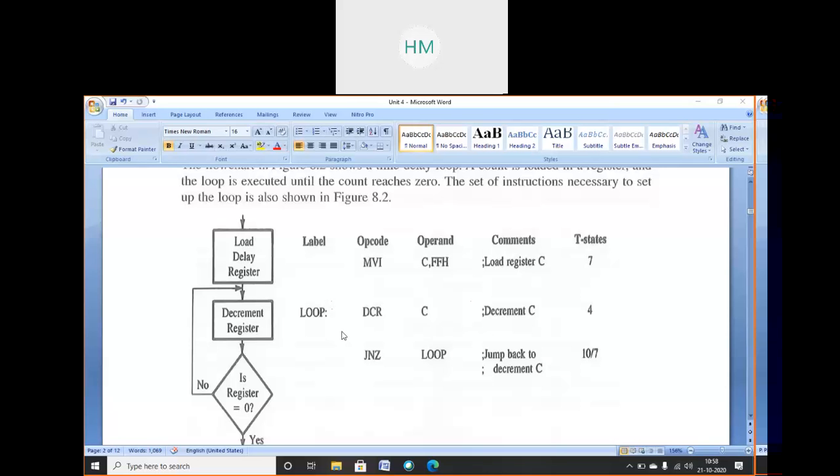Wherever it is changing its order, the label is the most important thing, and it should be same. Because in the program, I can use 3 to 4 labels. I can use 3 to 4 jump instructions.